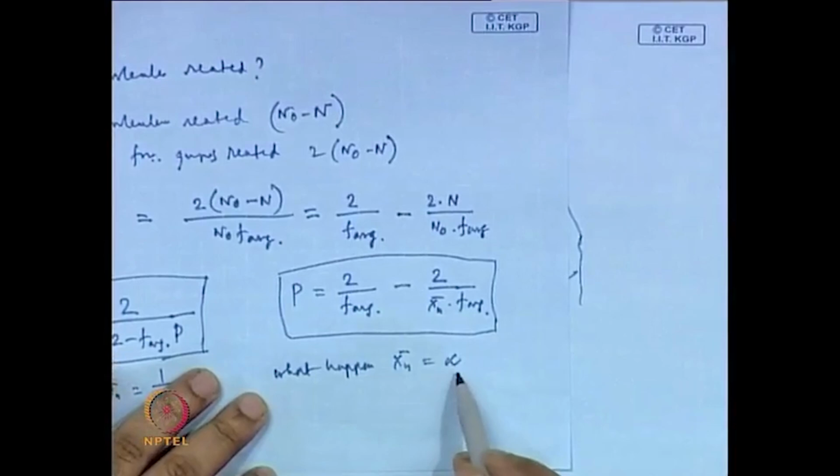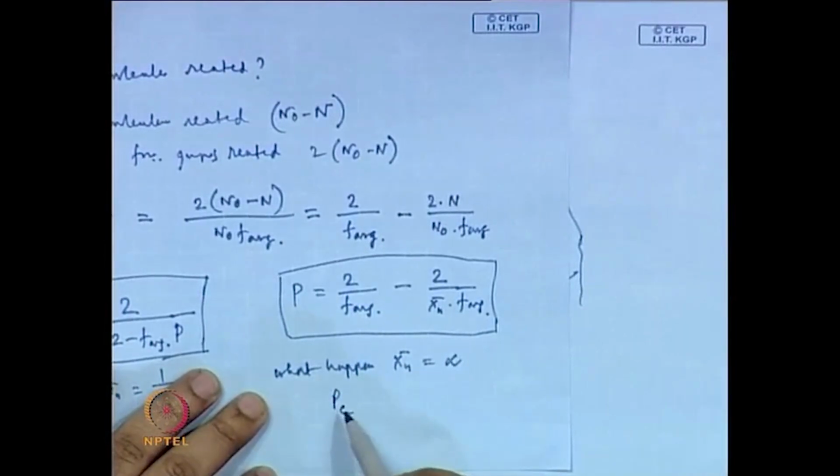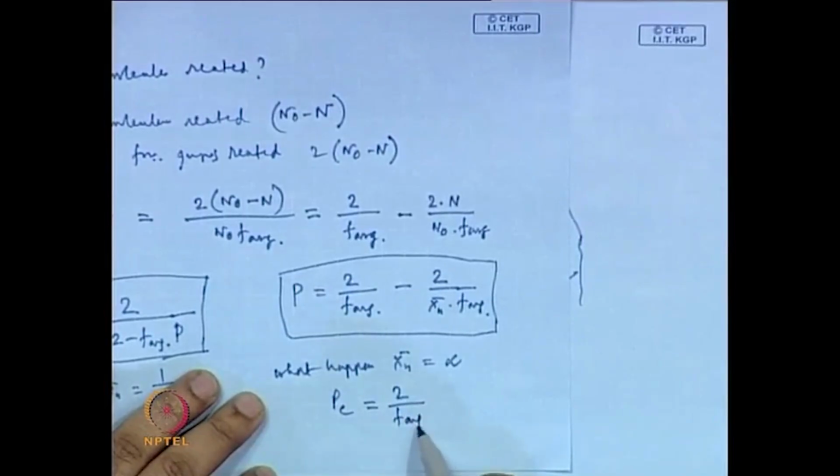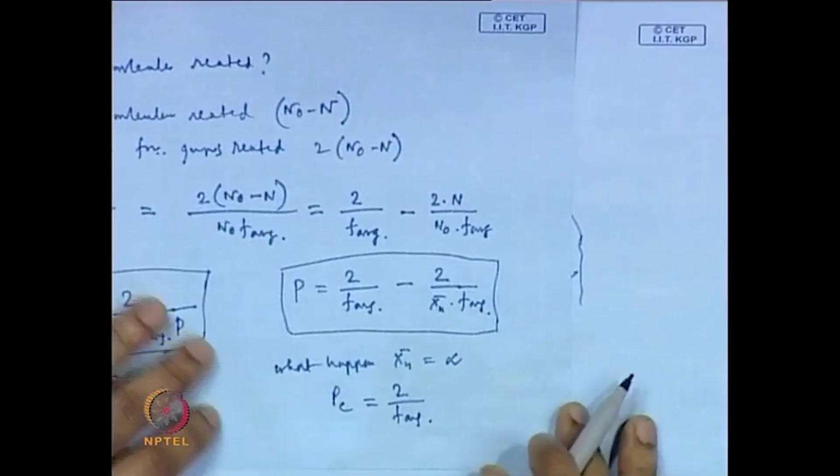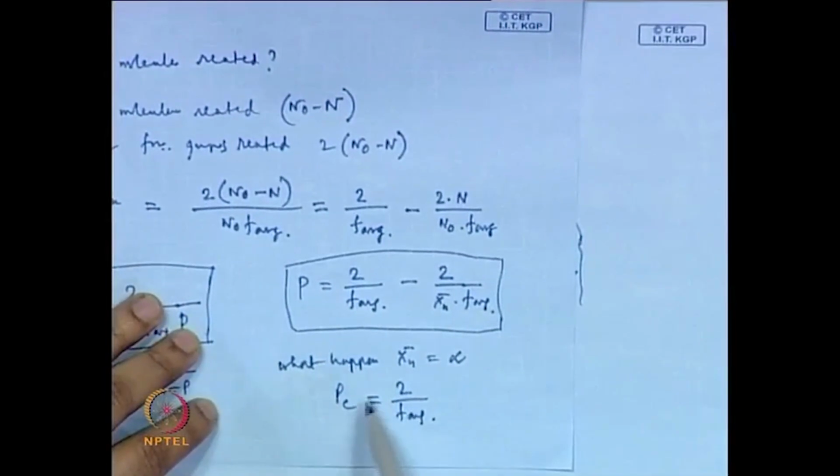So when the molecular weight becomes infinity for the first time, the conversion at which that happens is termed the gel point. So what is the gel point? When Xn is infinity, pc, the critical conversion at which there is the first gel formation or network formation, is 2 by F average.